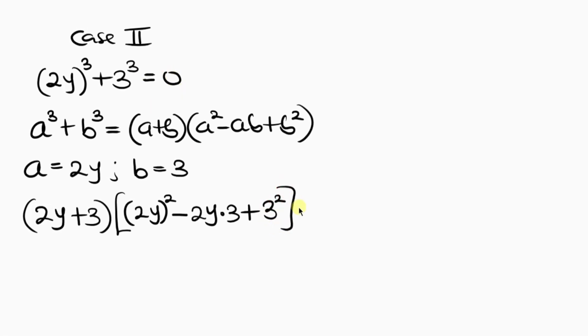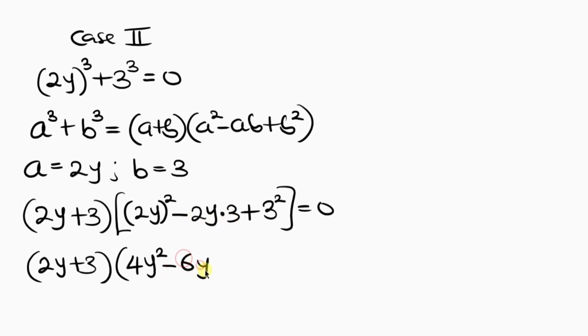And this is equal to 0. So this simplifies into 2y plus 3 times, the square of 2y gives 4y squared, minus 2y times 3 is 6y, and then plus 3 squared is 9. And this is equal to 0.